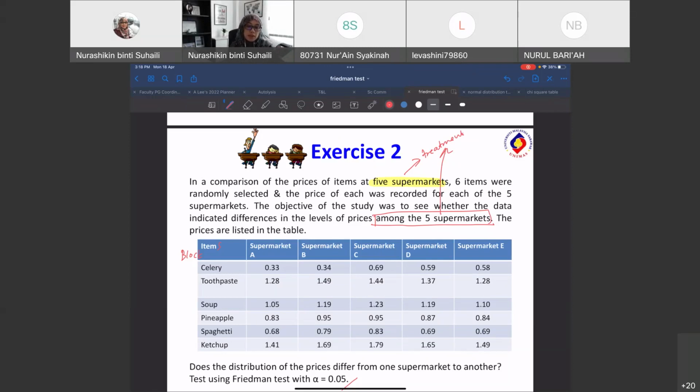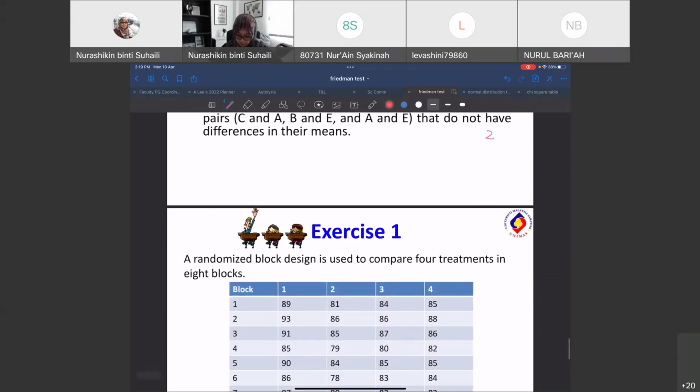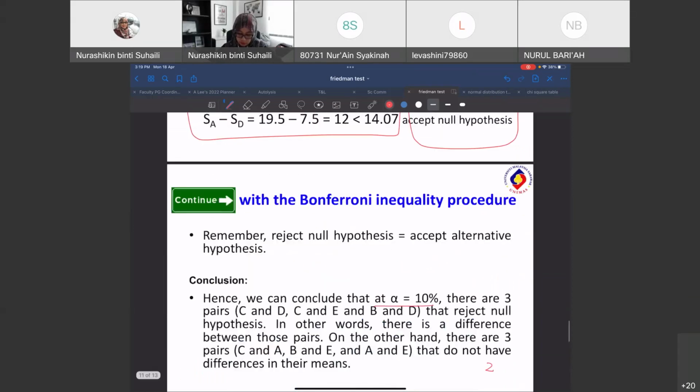You have to solve it, and you have to indicate the steps clearly. So if you just follow whatever steps or examples given, you won't have a problem answering the exam. You just have to remember the first step, hypothesis, and the last step, conclusion. Okay. All right. So the exercises are for you to solve on your own.